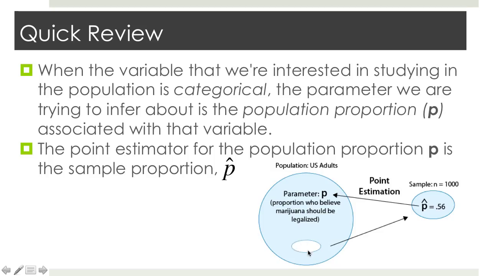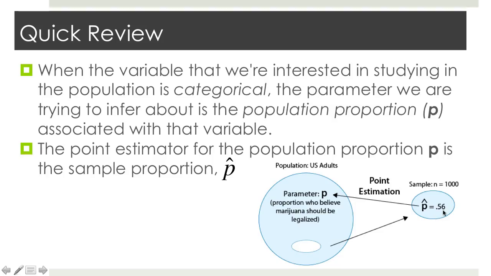We have this sample that we take from that population, and let's say it has a sample size of n equal 1,000, as it did in the marijuana legalization example, and 560 out of 1,000 people indicated they agreed with legalizing marijuana.